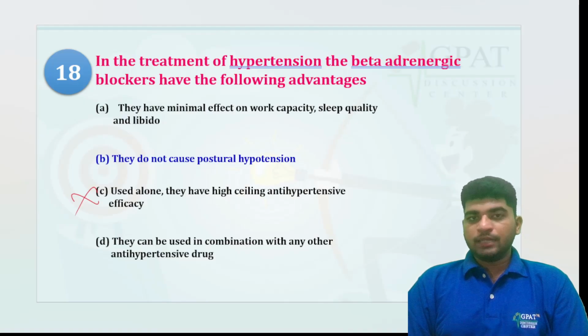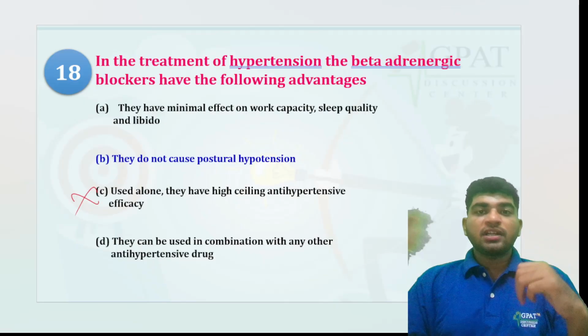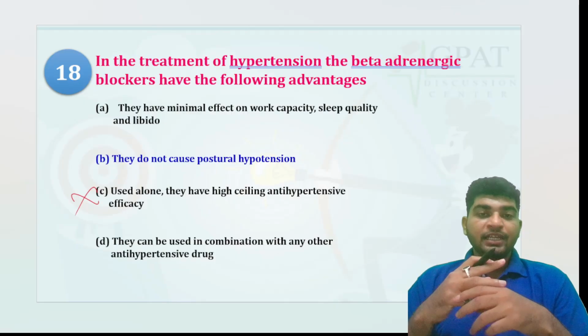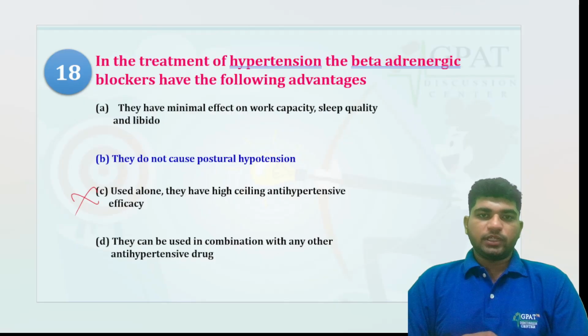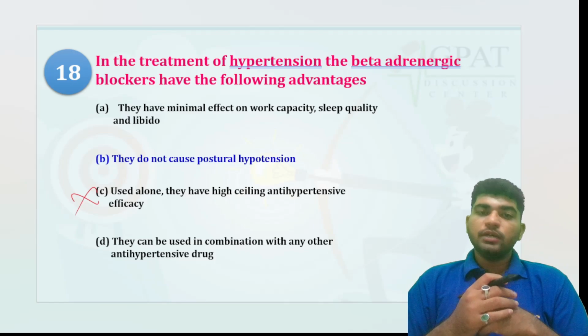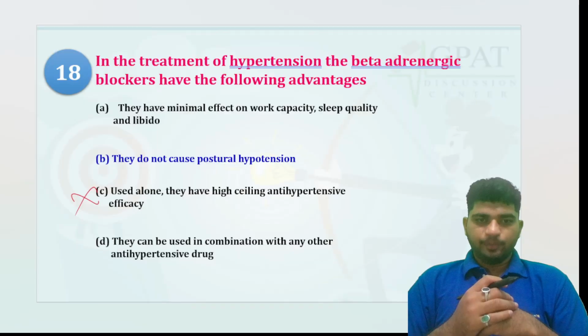Whereas telmisartan is an angiotensin receptor blocker. It acts on the RAS system, the renin-angiotensin-aldosterone system, and inhibits water retention inside the body. So multiple combinations of drugs are generally given to hypertensive patients.